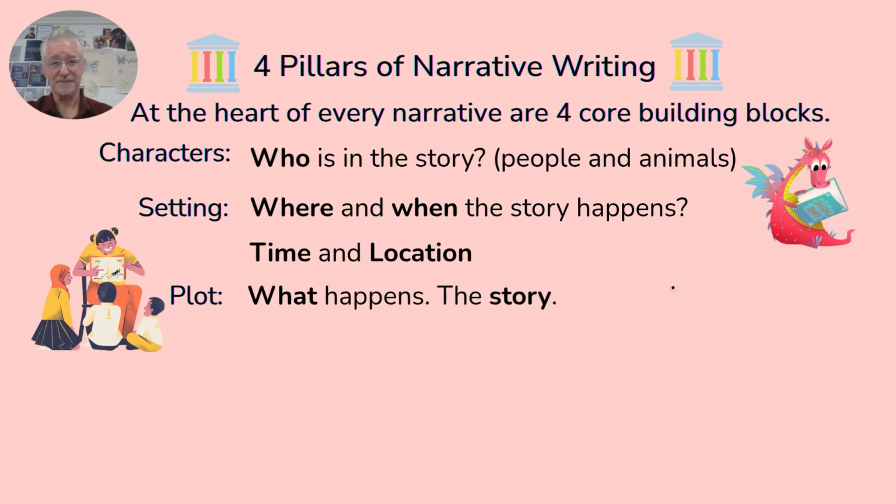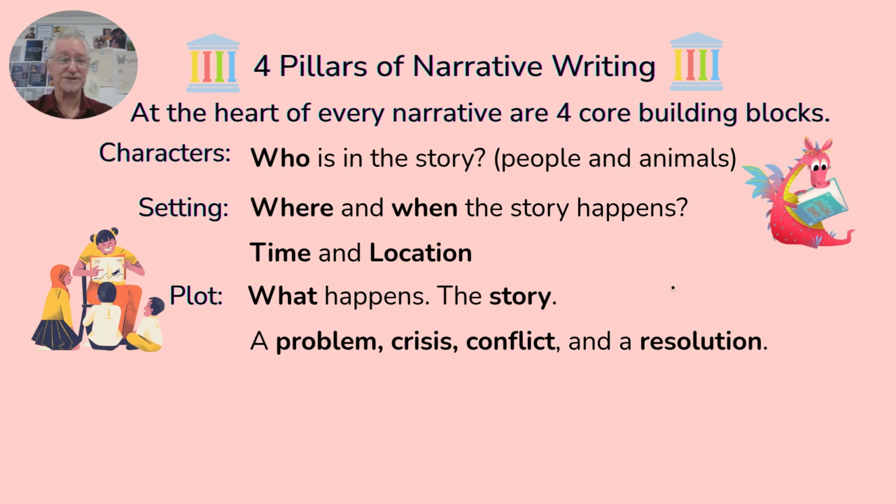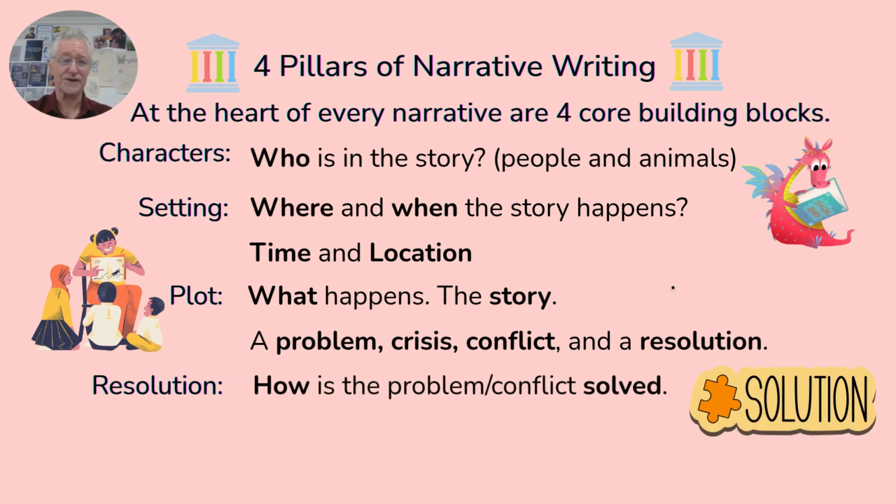It normally involves a problem, a crisis or conflict, and a resolution to that problem, crisis or conflict. And the resolution is an important part. It's how that problem or conflict is solved or resolved. So they're the 4 pillars or the 4 important components at the heart of every narrative: characters, setting, plot, and resolution or solution to the conflict or problem.